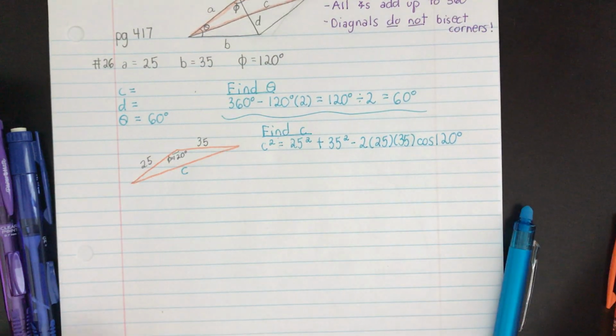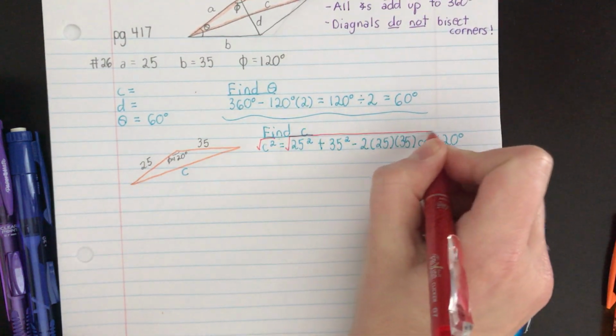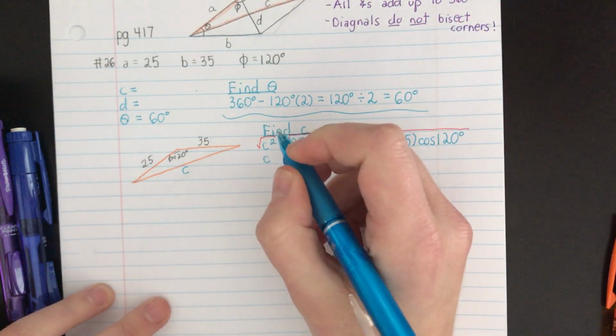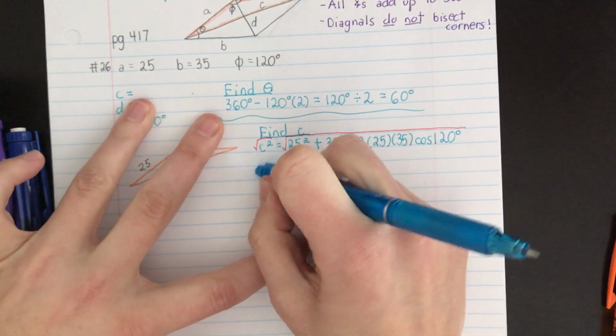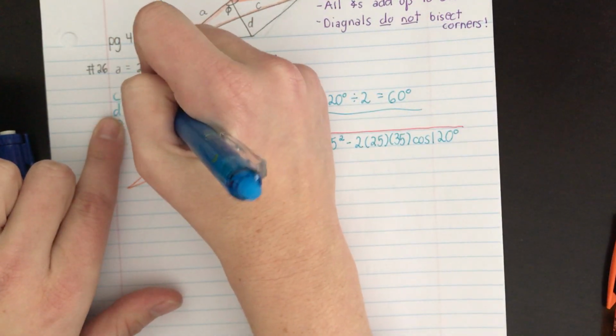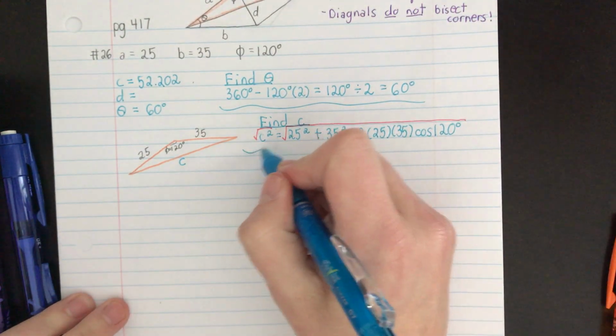And again, like before, of course you'll square root both sides. I'm not going to show the progression of absolute value because you already know it's plus or minus, but you're only going to use the plus. So we plug this in, and C equals, when you round, 52.202 units. Okay, so that's C.